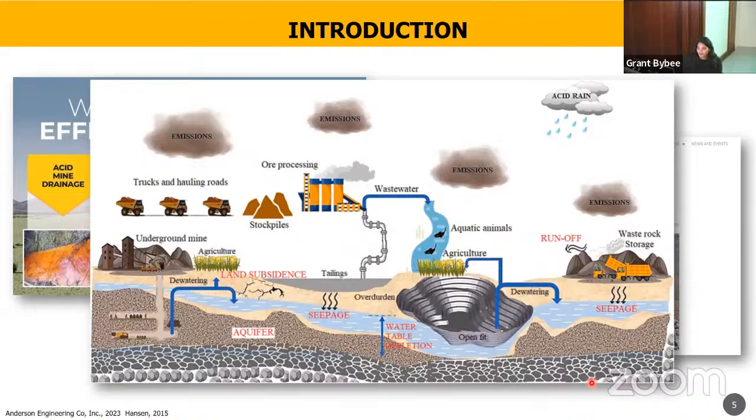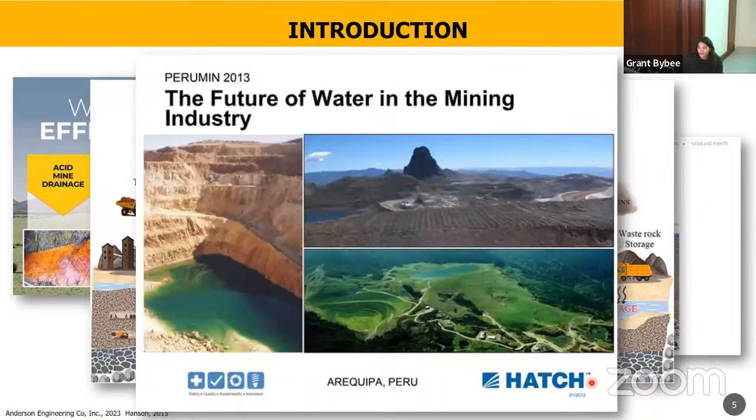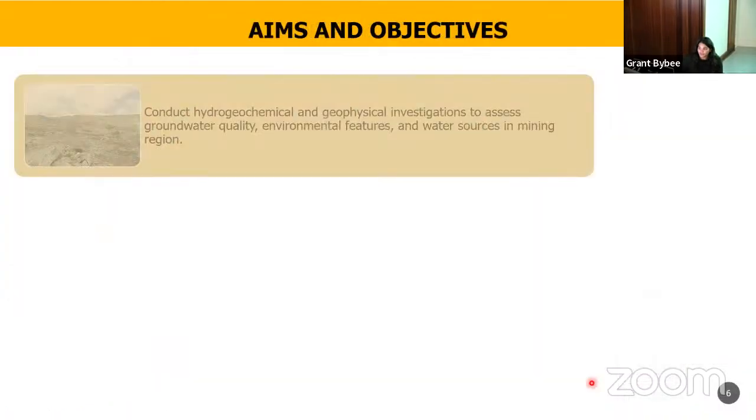Is it via fractures? That's what we're trying to do. This research is important because we need to find a way for the future of mining so that we can use this water in a more sustainable way and mitigate the associated risks. That's why we were able to do this project.